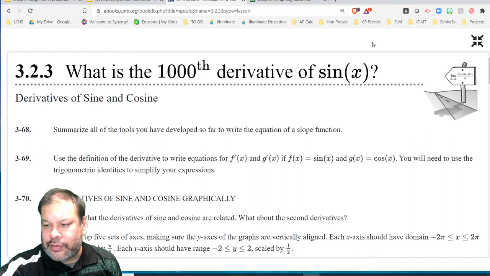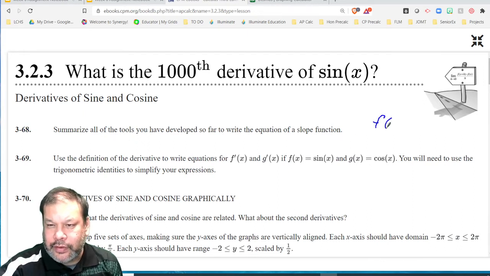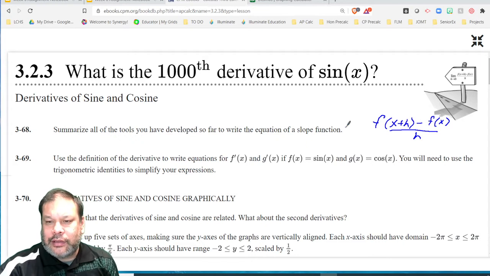So we'll start with using the formal definition, and that's basically the difference quotient, which is, I'll just write it up here, f of x plus h minus f of x over h, and then taking that limit as h goes to 0.